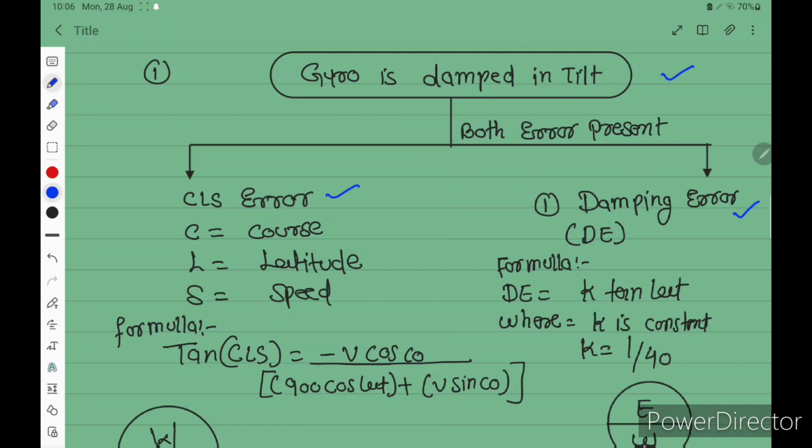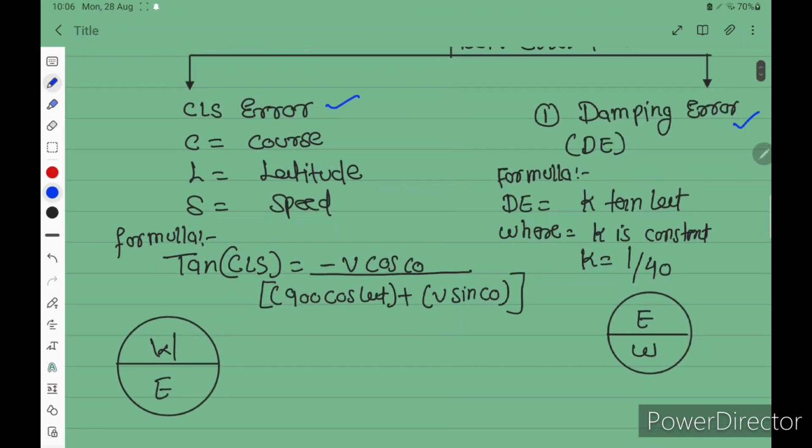For damping error, the formula is DE, that means damping error, equal to K tan latitude, where K is a constant. Its value is always taken as 1 by 40 if it is not given in the question. If it is given in the question, then we have to take that value, otherwise we take 1 by 40.